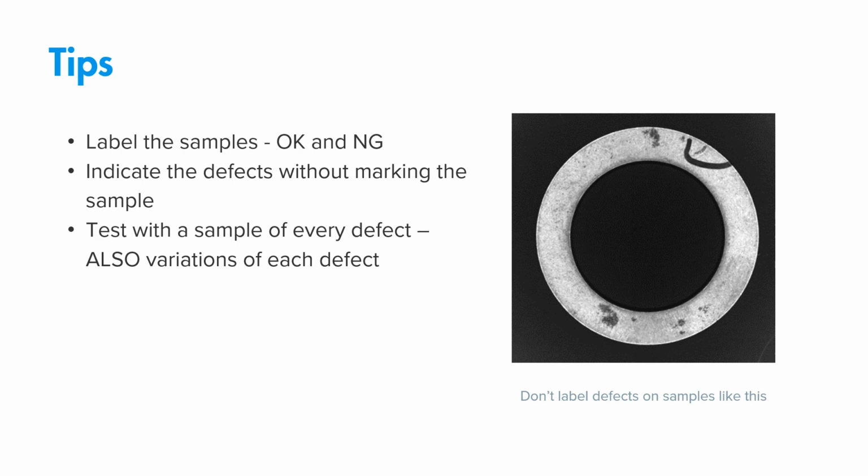So if you say, I have one defect of scratch, but I have four defects of flash, and your solution is finding every flash defect, you're going to be confident that it will find the rest of them. But if you only have one scratch, you're not as confident that it's going to catch every scratch that comes along. So when you're pulling pieces to either send to your system integrator or set aside for testing, the more variations you have, the more confidence you can have in your own solution.